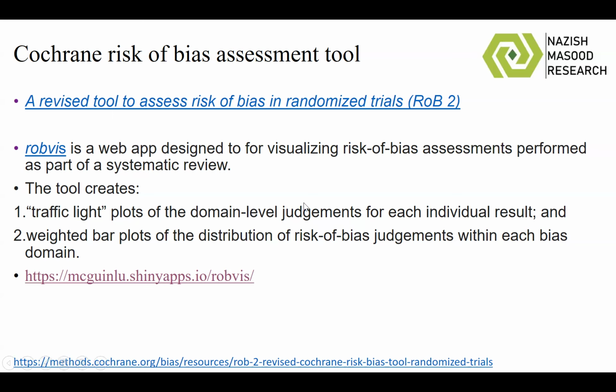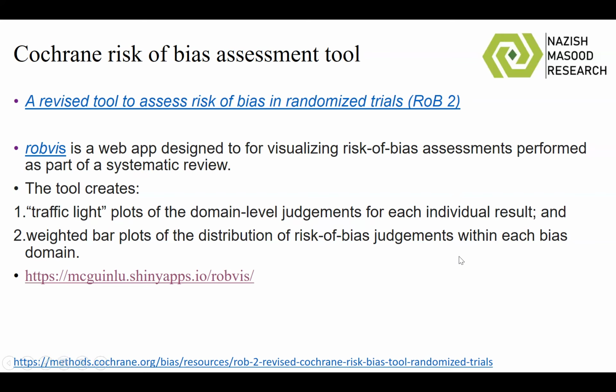Go through the Cochrane risk of bias tool, and you will understand for every domain what the risk of bias is. And this is just one tool of Cochrane. There are multiple risk of bias tools from Cochrane. Choose the risk of bias tool based on the primary studies that you have included. If you have included trials, then you will use the risk of bias tool 2.